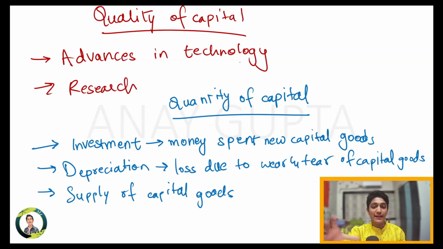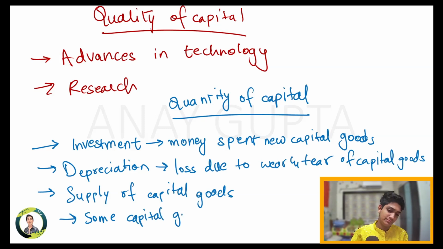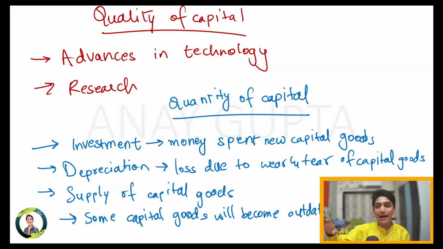Now, if there's an advancement in technology, some capital goods will become outdated. That means that even if they exist, for example, I have a computer and there's this new computer that has come in the market with extraordinary features, and I buy that computer and I'm now using it to work.